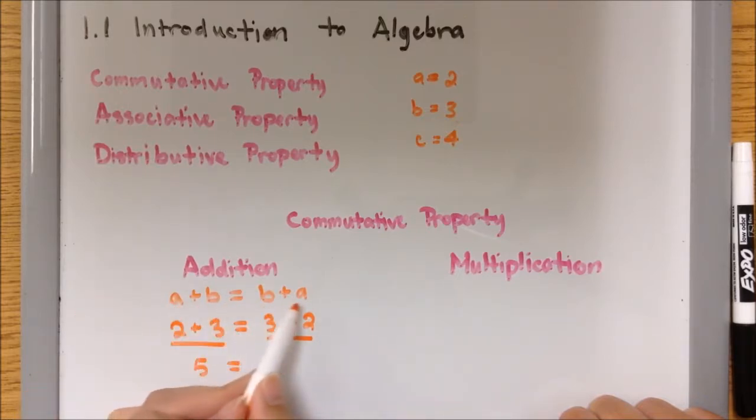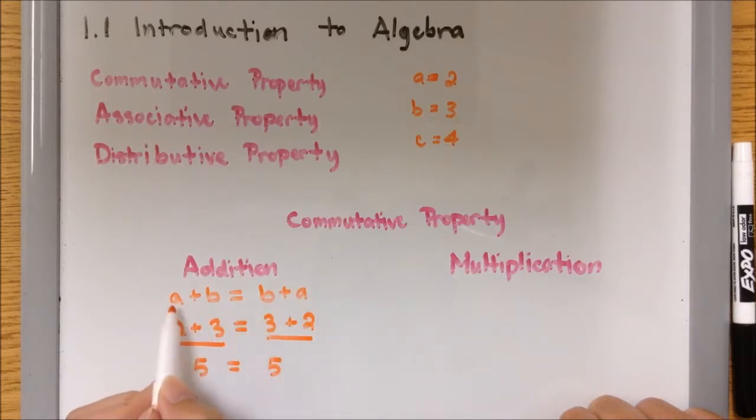So, when you have the same letters, A and B, you can also have up to 3 letters, up to 4 letters, or 5. And if it's addition, the order won't change the answer, as you can see. On the left side, it's A plus B, where A came first, 2 plus 3 equals 5.